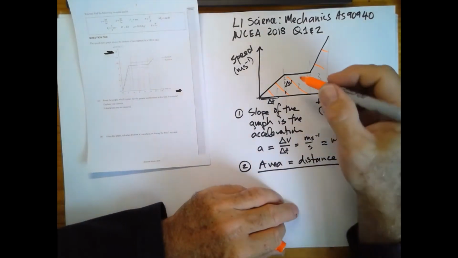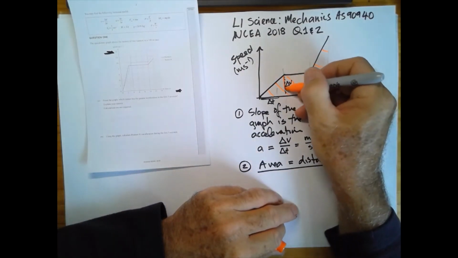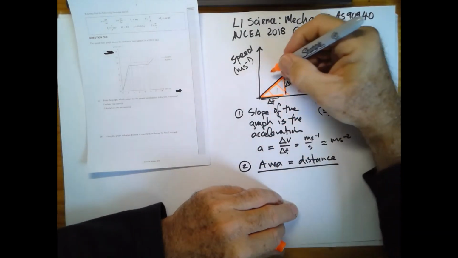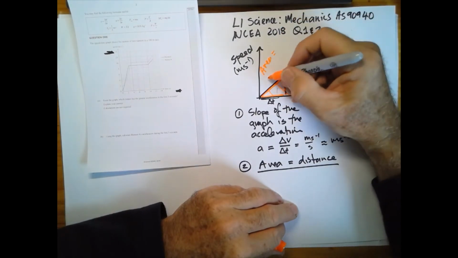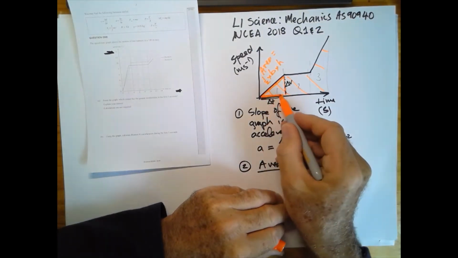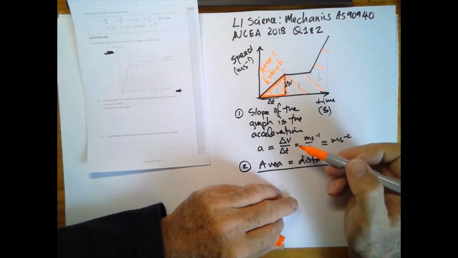So what we do is we divide it up into different sections. So this first section is a triangle, and the area of that triangle is equal to our formula 1/2 times the base times the height. 1/2 this length, the base, times this length, the height, is the area of that triangle.